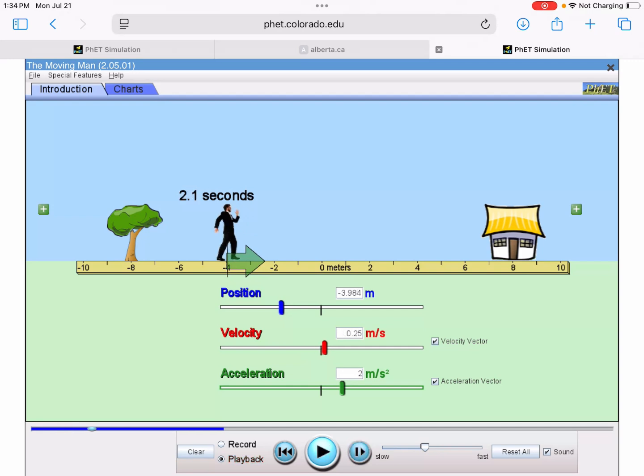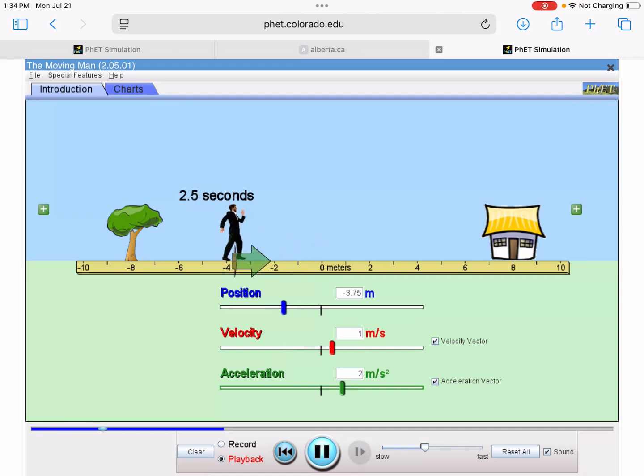Look what happened at 2 seconds, right? He's accelerating at positive 2. So starting from negative 4 meters per second, he's going to go to negative 2 meters per second and then 0 meters per second. Sure enough, that's what we saw. He got slower and slower and slower, stopped, and now he continues to accelerate in the positive direction. So he's going to go from 0 meters per second to positive 2 meters per second, to positive 4 meters per second, to positive 6 meters per second, and on and on and on, right?